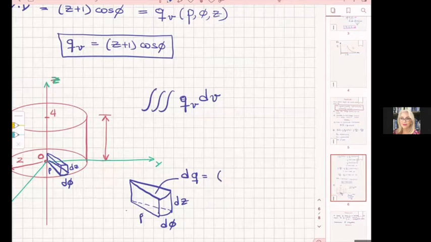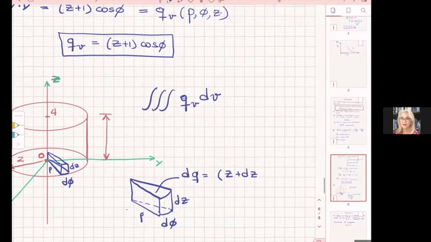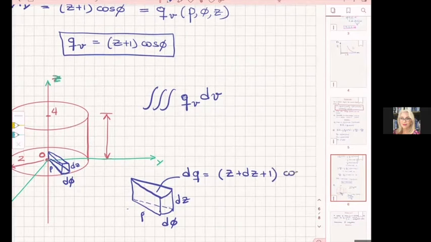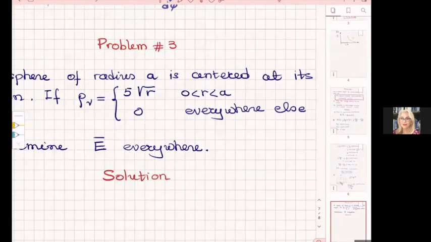Let's assume it starts at z plus dz, plus 1, and then it's going to be a cosine of phi plus d phi.